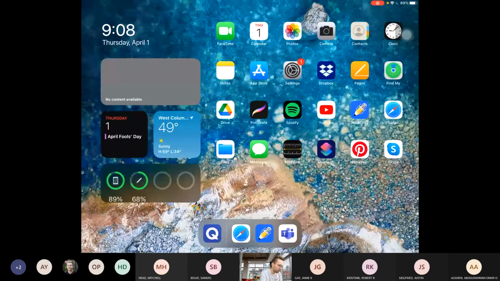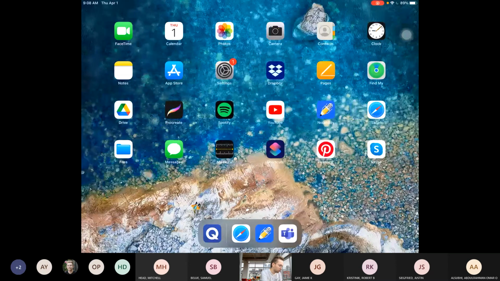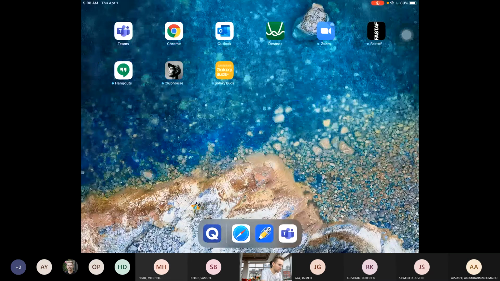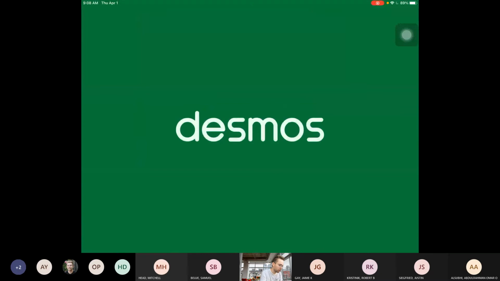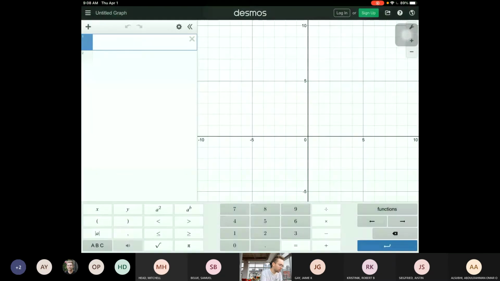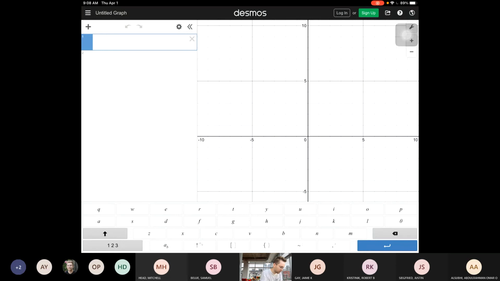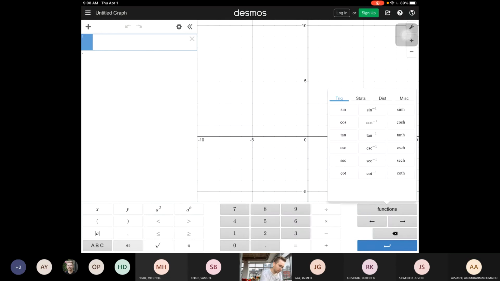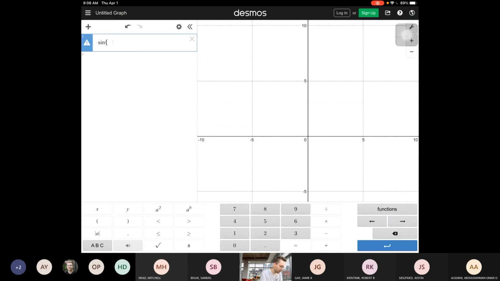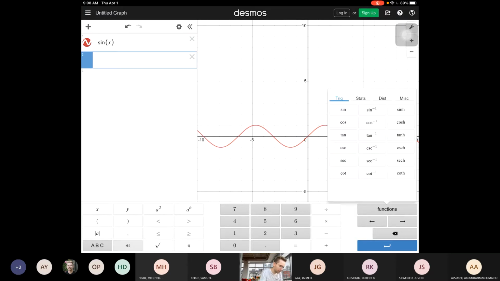It might be easier if I showed this with Desmos. Let me give you a quick recap of what's going on here using Desmos. So, okay, let's say we have the functions sine of x, here's the sine of x function, and we can also graph cosine of x.